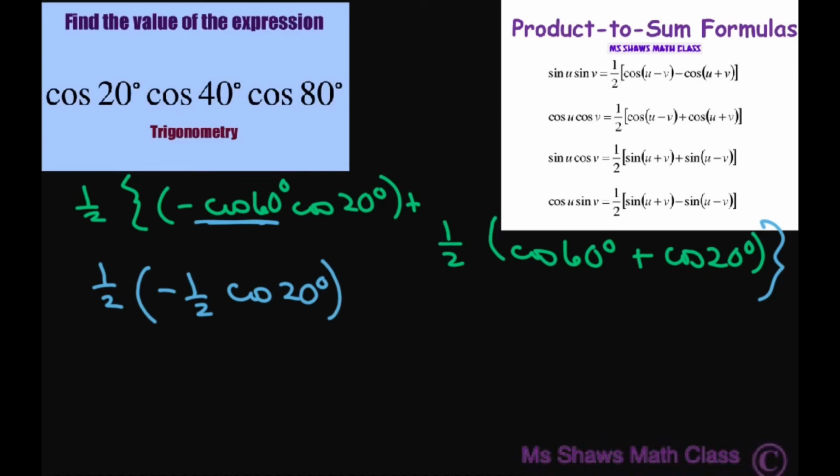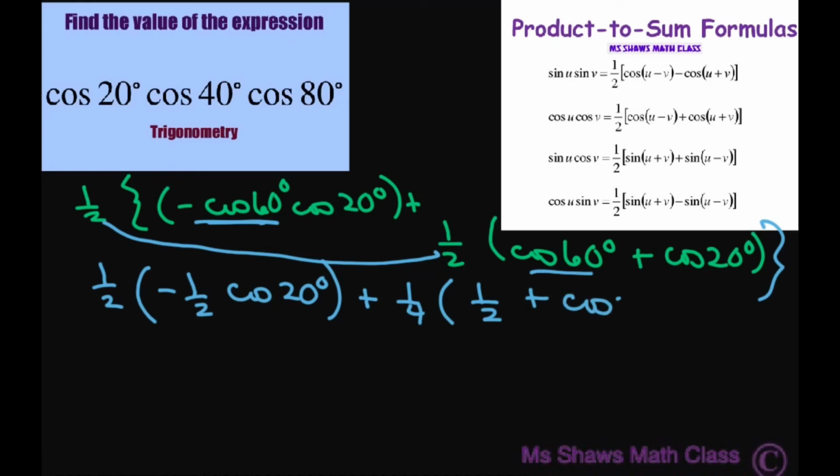All right. And then this is going to be plus, when you multiply these two together, because we still have to multiply that, you're going to get plus 1/4, and then you're going to have 1/2 plus cosine of 20 degrees. All right, now let's go ahead and multiply everything through.